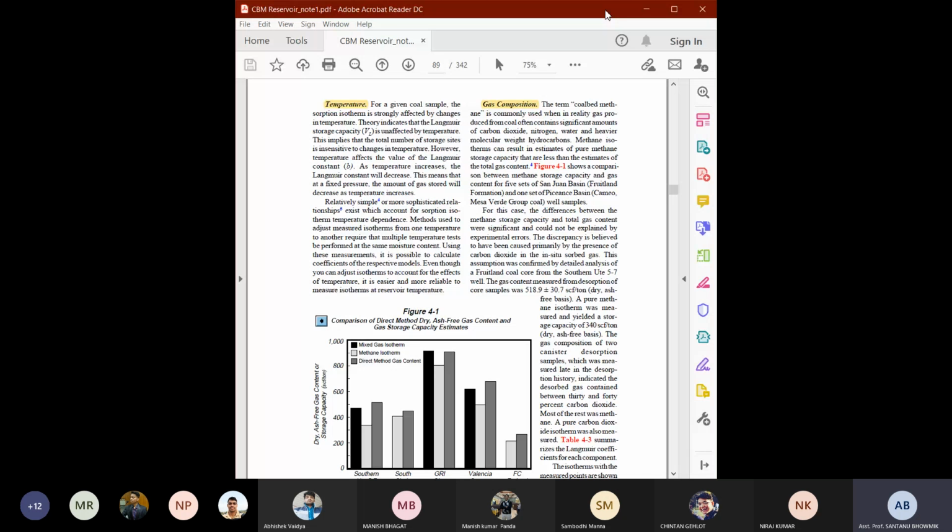So all this gas composition needs to be considered when you are going to take out the coal and calculate the gas storage capacity. You have to first check whether the gas storage capacity is for a single gas or for a mixture of two different gases, or maybe three or more gases. What will happen in that case? You have already seen for permeability that if there is only one single phase, the absolute permeability will play.